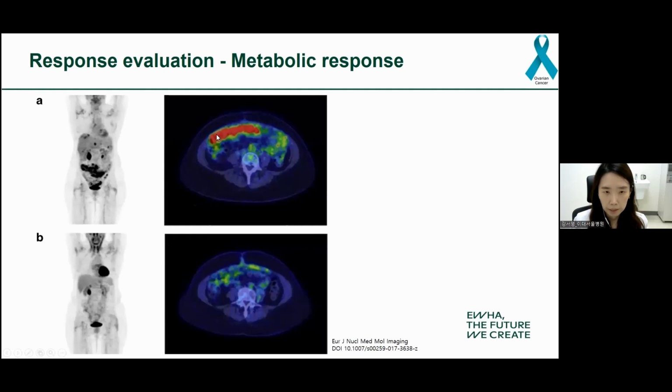The axial PET-CT showed hypermetabolic lesions in the omentum. After chemotherapy, the peritoneal hypermetabolic lesions decreased 76% in SUVmax after 3 cycles of neoadjuvant chemotherapy. So this case showed partial metabolic response after chemotherapy in the FDG PET/CT.